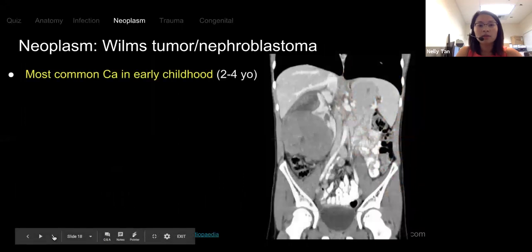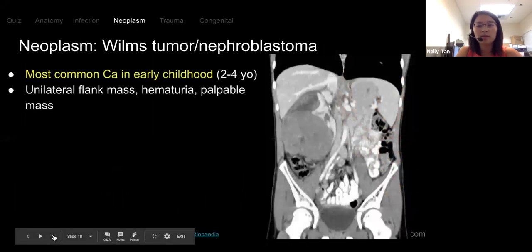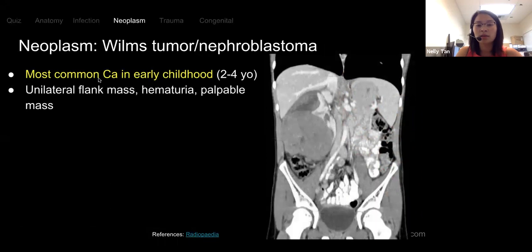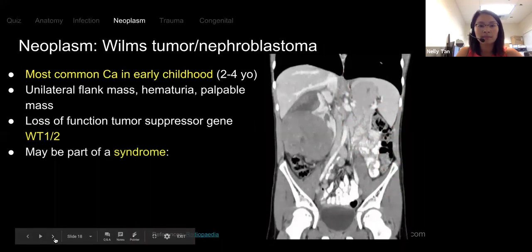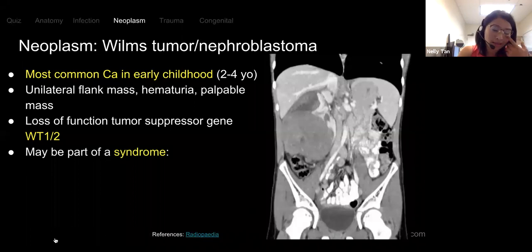Okay, moving on to neoplasms. So you should know about Wilms tumor, also known as nephroblastoma. It's the most common childhood cancer, in 2 to 4-year-olds. They typically present with flank mass, hematuria, and a palpable mass on exam.